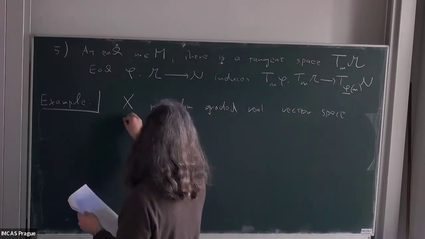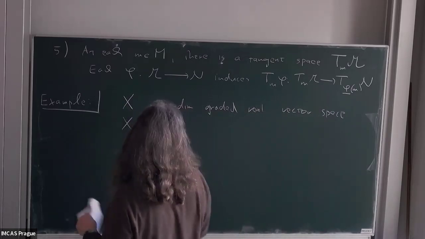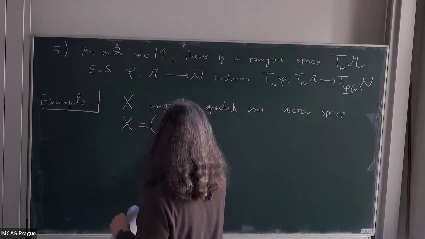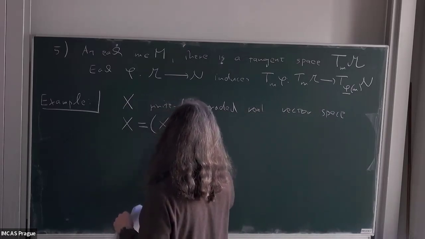So note what a graded vector space is in our viewpoint, which we tend to use. It's just a sequence of ordinary vector spaces.